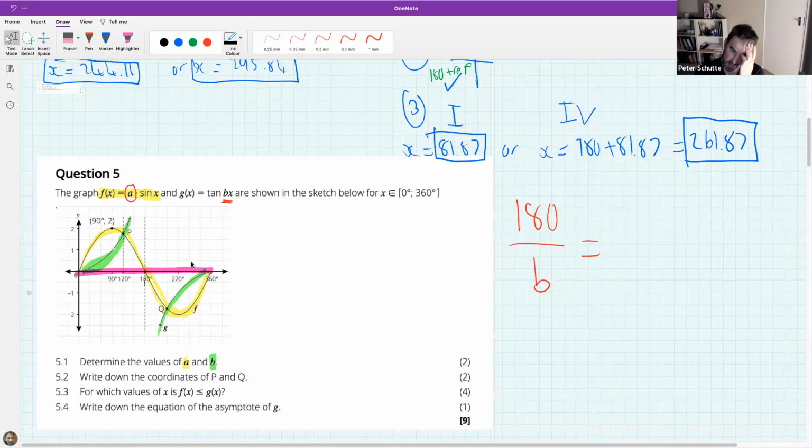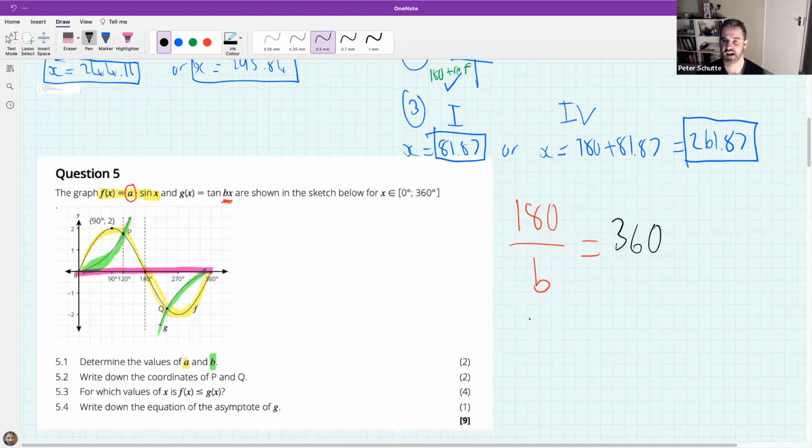Because normally with a tan graph, you would fit the whole thing in 180. It looks to me like the whole period of this tan graph is actually 360. The period is double. Normally the asymptote's at 90. This one's asymptote is at 180.